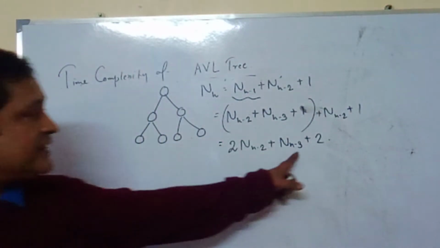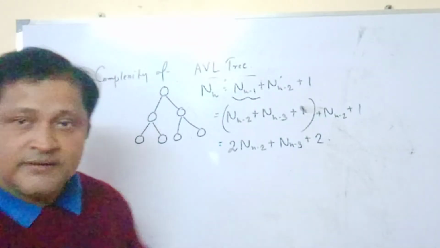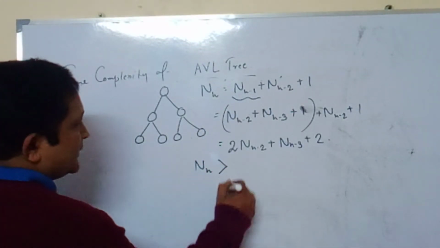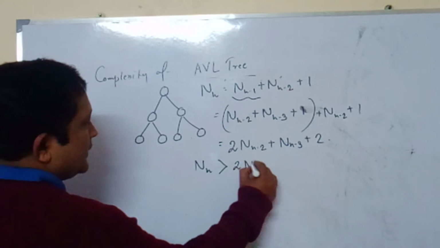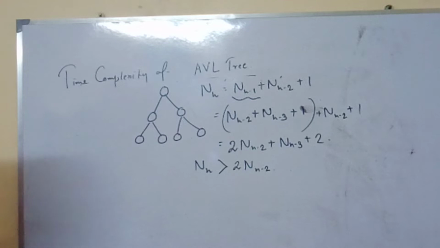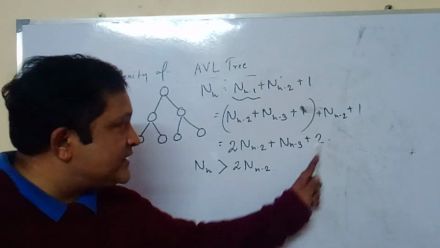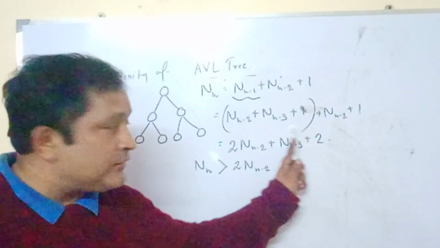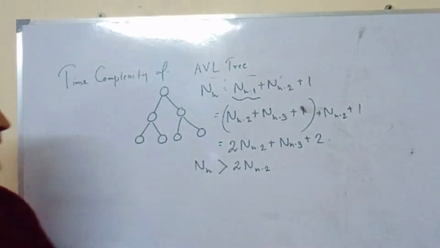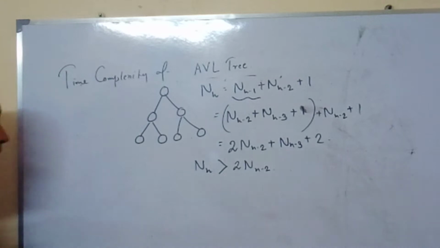Clearly, as 2 is a positive non-zero constant, we can say n h is greater than 2 n h minus 2. The number of nodes cannot be negative, and 2 is a positive number, so definitely n h will be greater than 2 into n h minus 2.